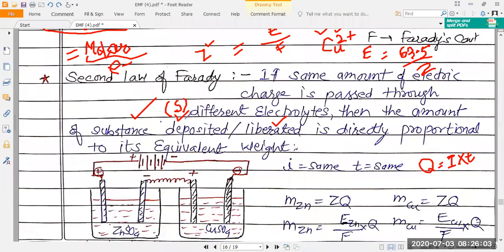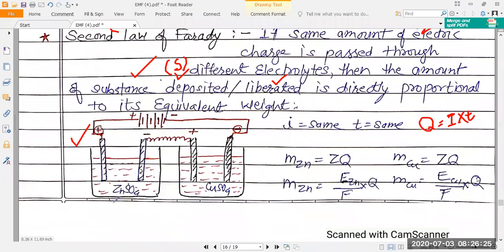This means the amount of charge is the same when two or more electrolytic cells are connected in series, like in this diagram, where two electrolytic cells are taken and both are connected in series.